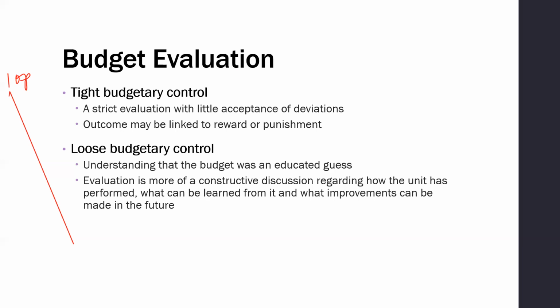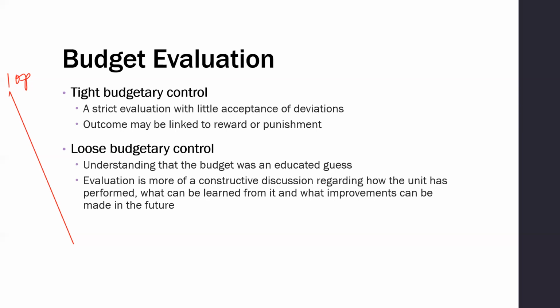In loose budgetary control, on the other hand, you can understand that the budget is an educated guess, and therefore you know that you will not use the budget as a performance appraisal mechanism, but you use the budget as a guide to operations, not necessarily that it's going to be implemented to the T. Okay?